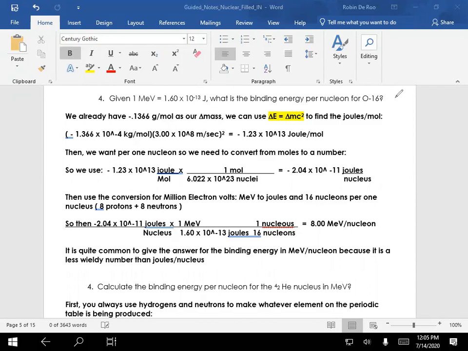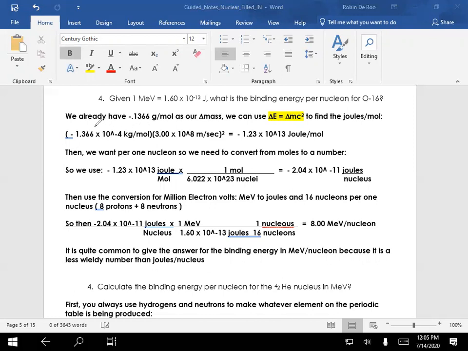So we had to create an oxygen 16, and we had gotten the change in mass as minus 0.1366 grams per mole. So now that we have this as our mass, we can use delta E equals delta m c squared to find the joules per mole.